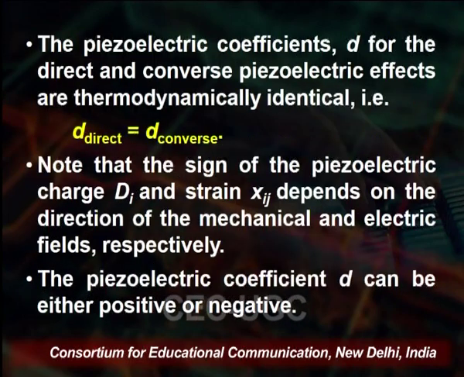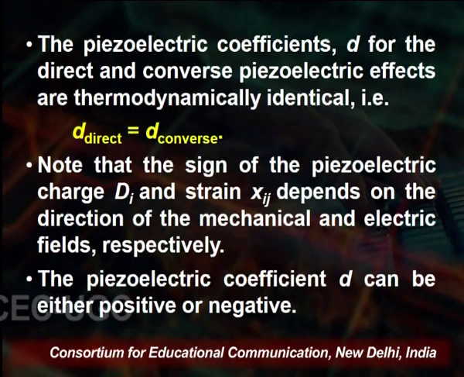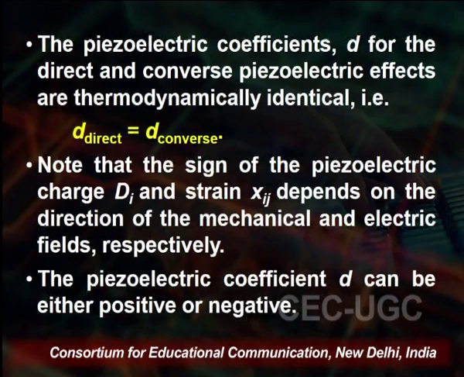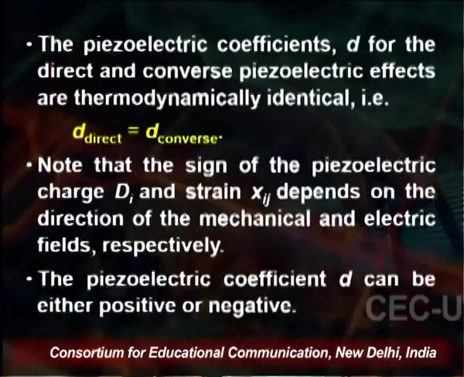The piezoelectric coefficient d for the direct and the converse piezoelectric effect are thermodynamically identical, that is, d direct is equal to d converse. The sign of the piezoelectric charge Di and the strain Xij depends on the direction of the mechanical and the electrical field respectively. As we defined in the previous lecture, piezoelectric transducers work in three directions: longitudinal, transverse and shear.